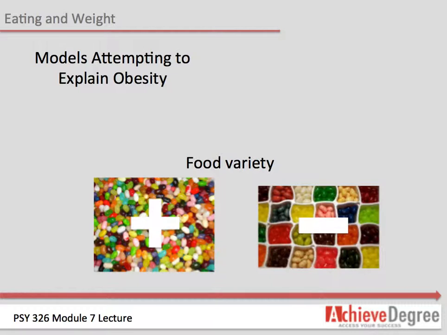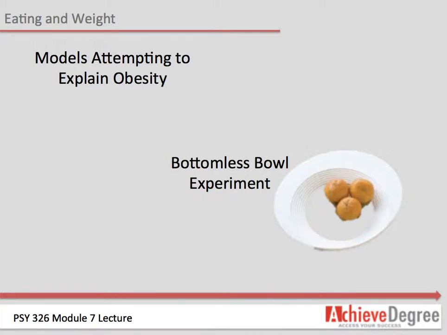What if you can't keep track of what you've eaten? The bottomless bowl experiment. Subjects were asked to eat soup until they had had enough. In the experimental group, a tube continued to fill the bowl from the bottom so it could not be detected. The experimental group stopped eating after consuming, on average, over 70% more than those who knowingly refilled their bowls.